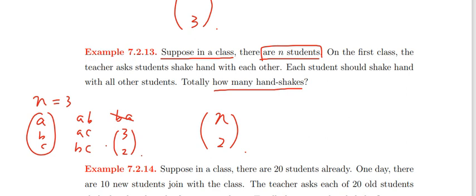So we can also say how many pairs we can make, right? If we pick 2, we can make a pair. If we pick 2, they have 1 handshake, right?